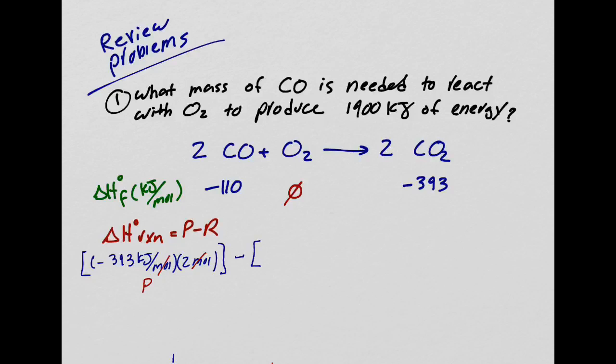Carbon monoxide is minus 110 kilojoules per mole. Okay, I multiply by 2 moles, right? Because I have to multiply it to get rid of the mole. All right, and oxygen is just 0, so plus 0 for oxygen. I add up all the products, I add up all the reactants, I subtract them from each other. If I do that, what I end up having is negative 566 kilojoules of energy.